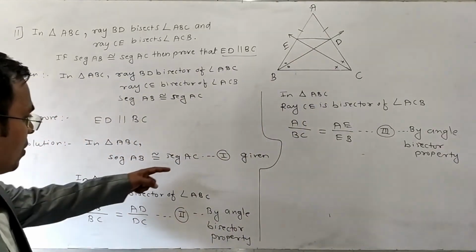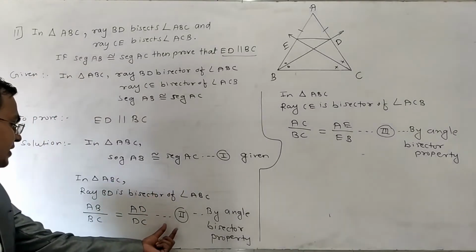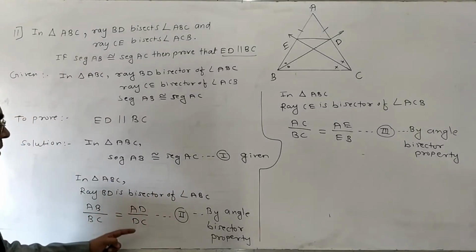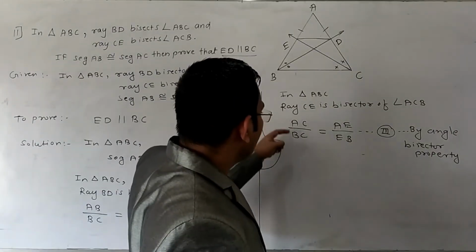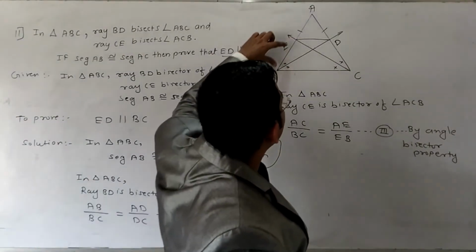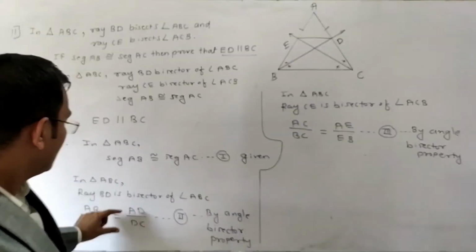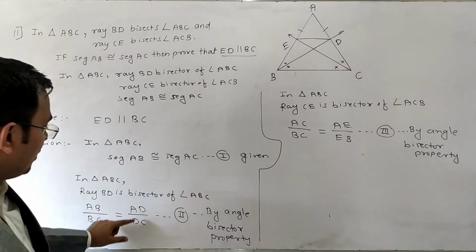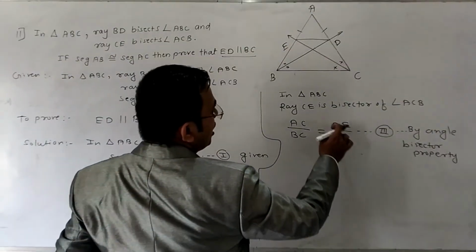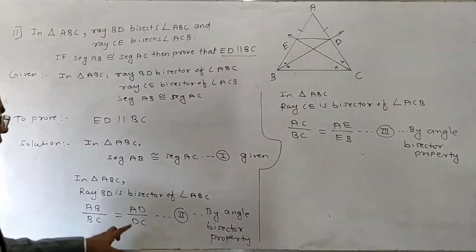So from 1, 2 and 3, here AB is equal to AC, and in second, AB upon BC is equal to AD upon DC. In third, AC upon BC is equal to AE upon EB. What we want? AE upon EB is equal to AD upon DC we want. So where is it? Here AD upon DC, here AE upon EB. These two should be equal.